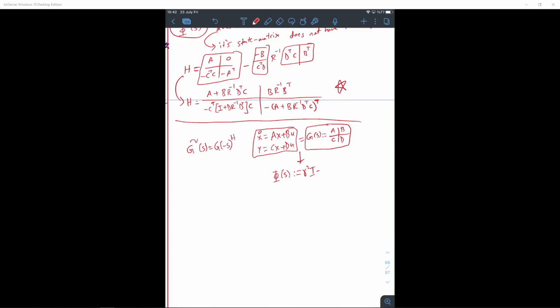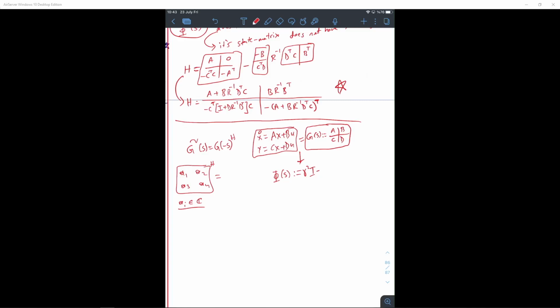And again, Hermitian is, for example, a1, a2, a3, a4, and ai in complex. And the Hermitian of this matrix is the transpose conjugate.